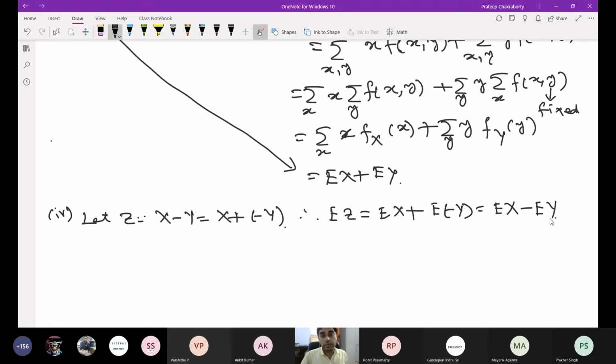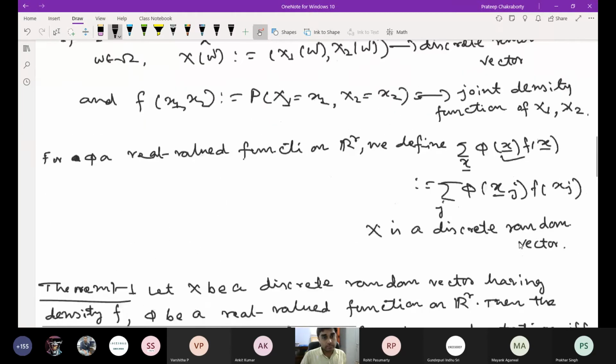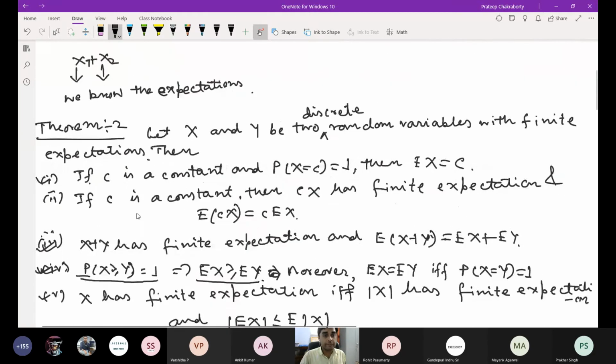This is true by theorem 2: if c is a constant, then cx has a finite expectation. Here c is equal to minus 1, and E of (minus x) is equal to minus Ex.